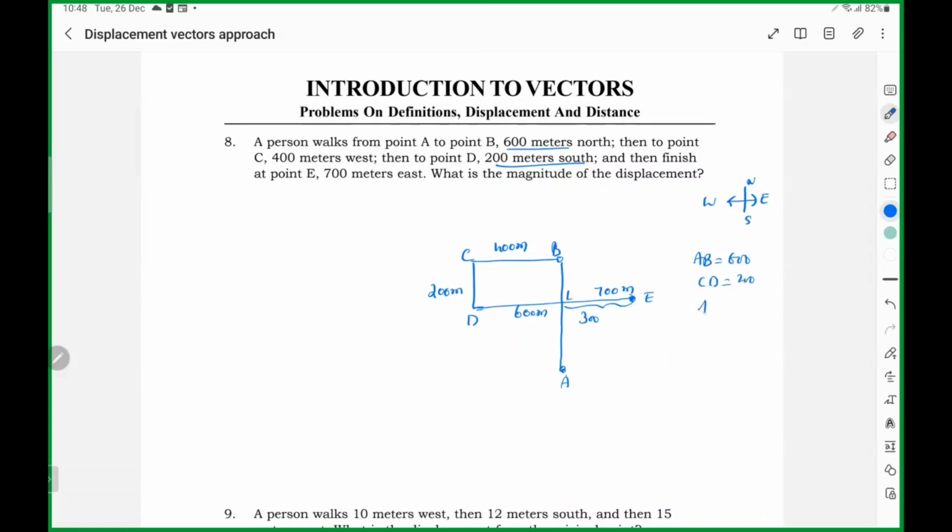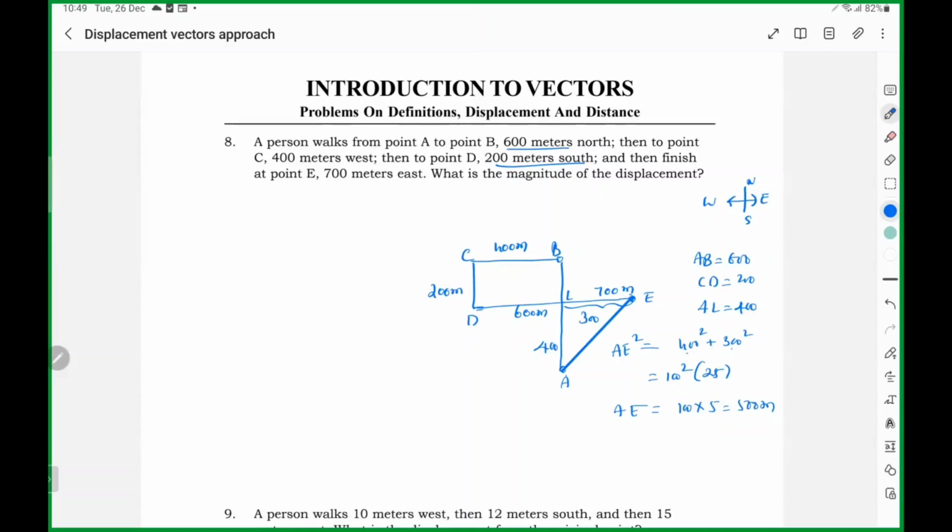Then AL will be 600 minus 200, 400. Then the final displacement will be the distance between the initial point and the final point. AE square will be 400 square plus 300 square, 16 plus 9. So AE will be 100 into 5, 500 meters.